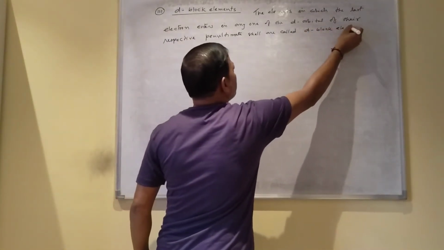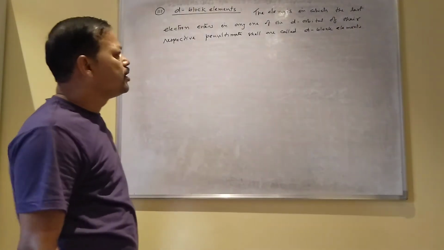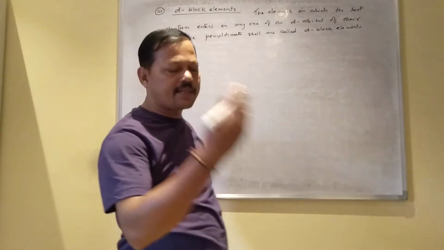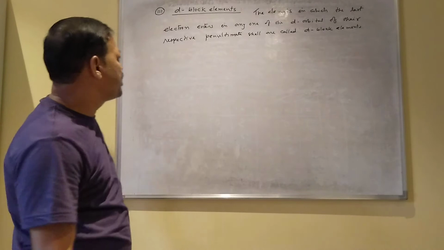I will tell you what a penultimate cell is. So in the electronic configuration, if the last electron enters the d orbital, then they are called d block elements.